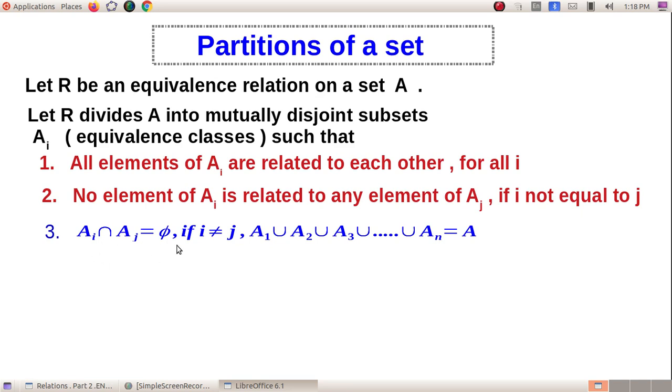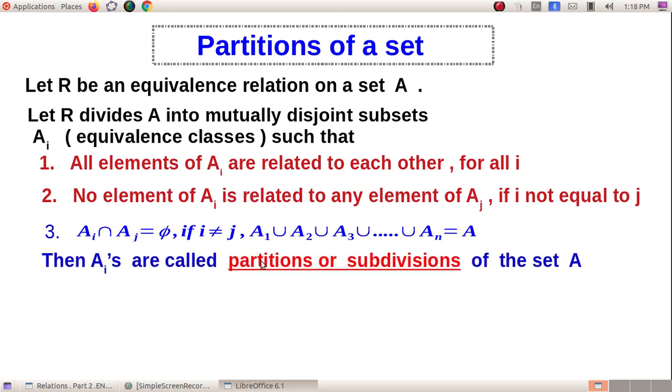Pairwise intersection equals empty set and total union equals A. If these three conditions are satisfied by these subsets Ai, then the Ai are called partitions or subdivisions of the set A. I think all of you are clear on this concept. It is a little bit difficult, so learn it well, very important one also.